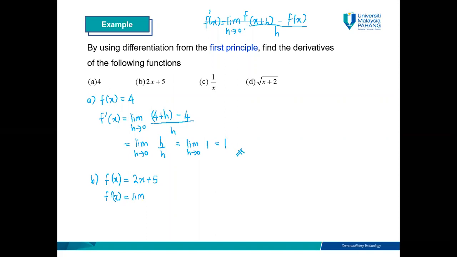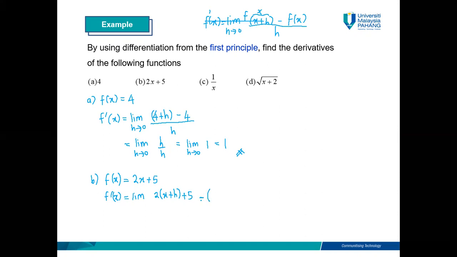Sorry, saya punya technical problem sebab saya guna tablet je. Okay, so maksudnya si function ni adalah x dia adalah x plus h. Okay, x dia akan jadi x plus h. So limit, okay, for f(x plus h) dia akan jadi 2 x sekarang adalah x plus h, plus 5. Okay, minus jangan lupa letak dalam kurungan sebab apa?